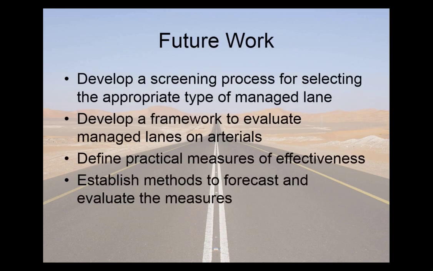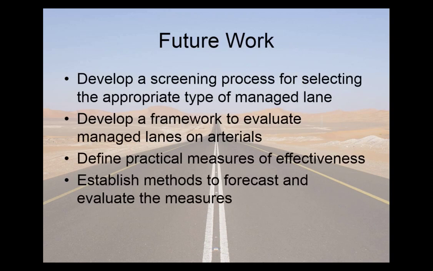A framework for evaluating managed lanes on arterials needs to be developed. So how do we know when a managed lane is performing at the set objectives? Also, practical measures of effectiveness need to be defined, as in travel time savings or number of HOVs using an HOV lane or violation rate, and also methods of evaluating and forecasting these measures need to be developed.